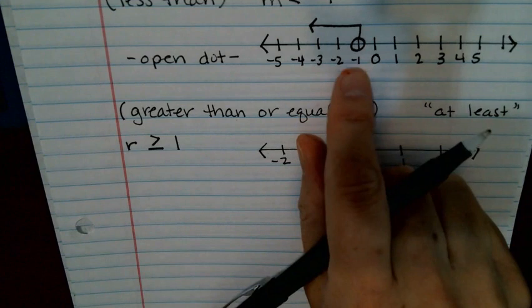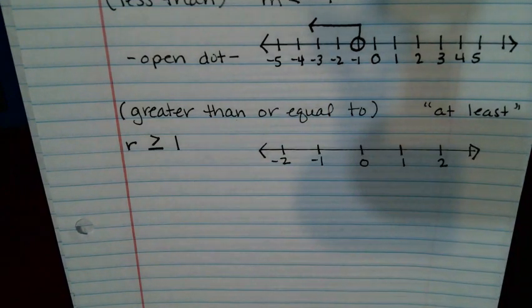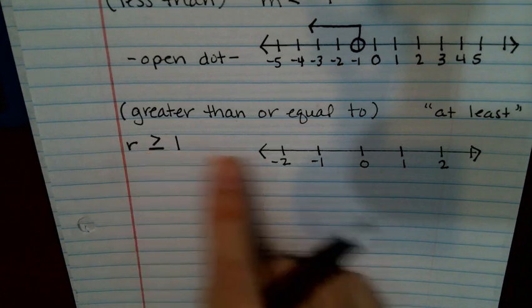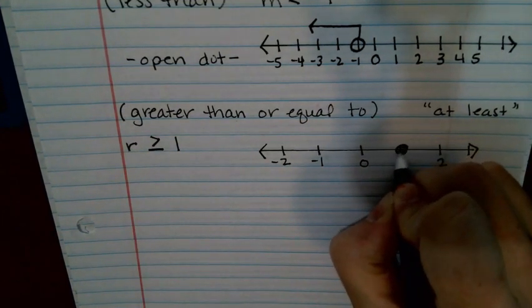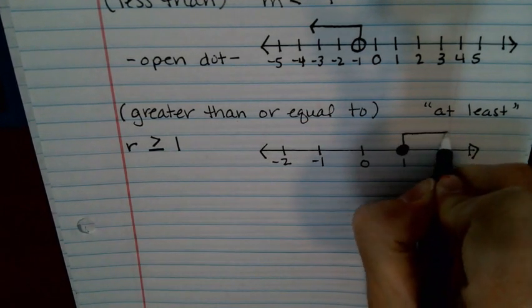So I need to mash together a greater than and also an equal. When it was just greater than, it was an open dot. When it was equal to, it was a closed dot. So what we're going to do is we're going to mash those together again, and at 1, I'm going to put a closed dot because it can be equal to, but then I'm also going to draw the flag going to the right.